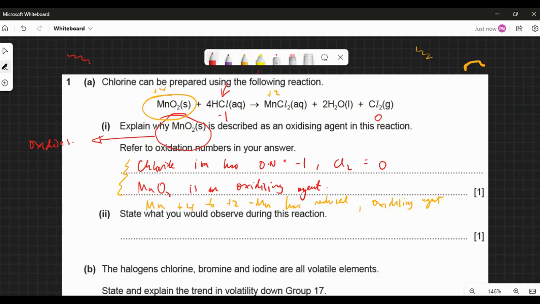Now, for extra marks here, let's have a look at these balancing. Have a look at this. This went from +4 to +2. In other words, that went down by 2. What did the chlorine do? It should have gone up by 2. Do you follow me? Yeah. And now, if you look at this, it looks like four Cl minuses have gone to Cl2.